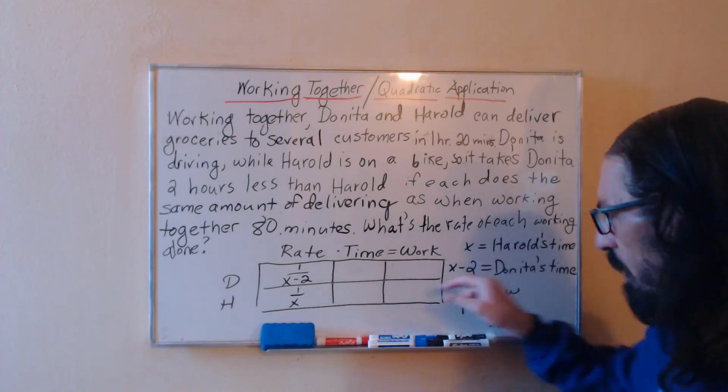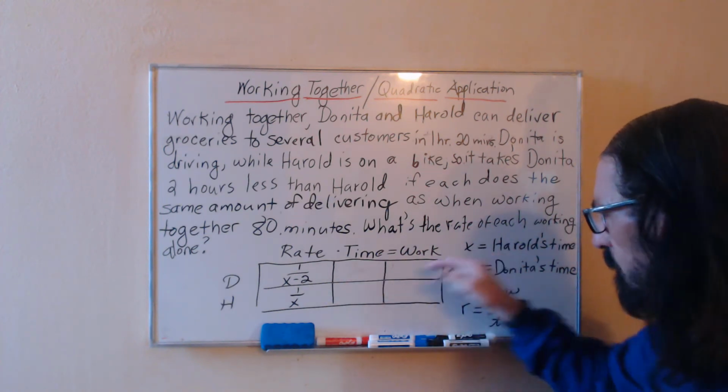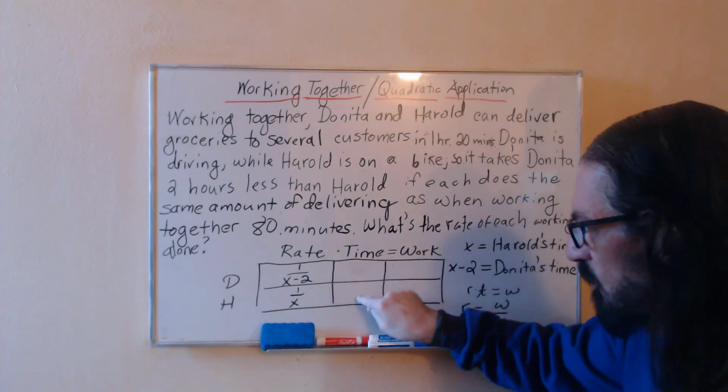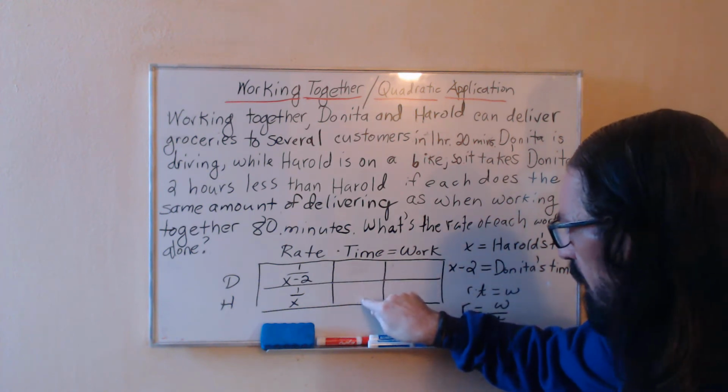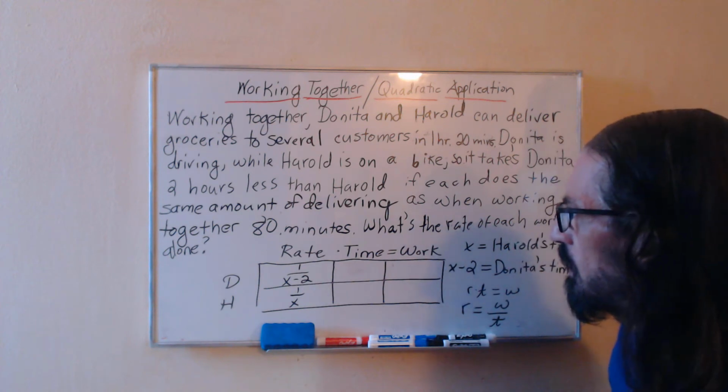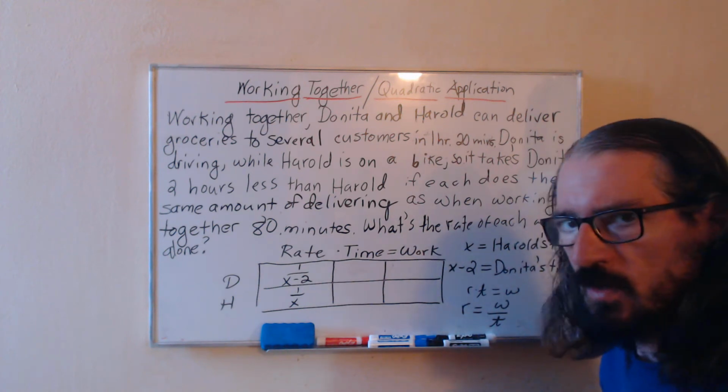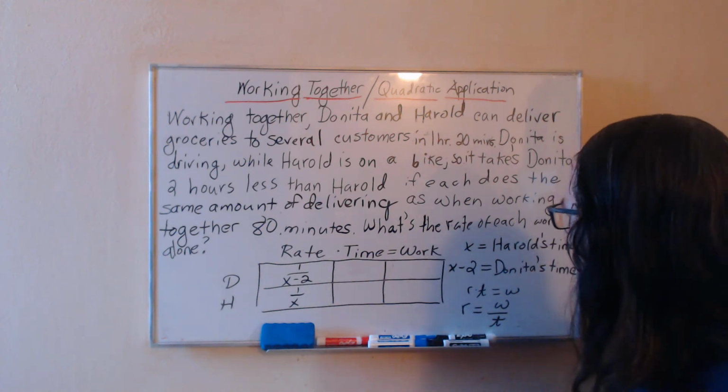We're not going to multiply those by the x minus 2 and the x. That would be if they were working individually, and then they would get one whole job done.